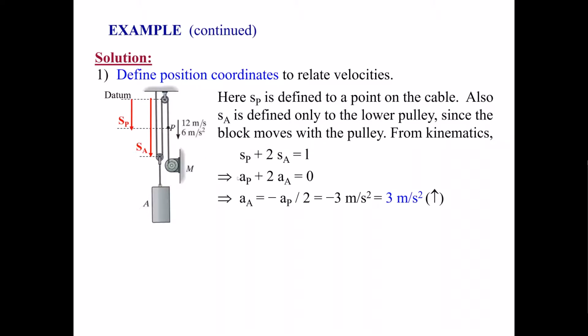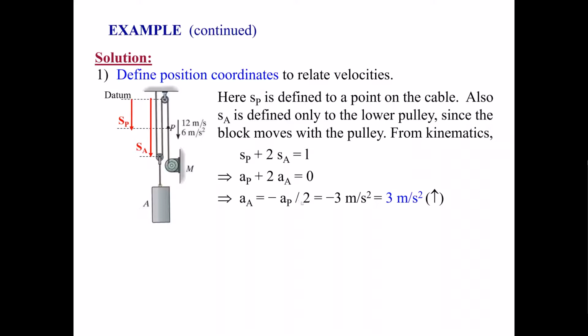Okay, so we have AP plus twice the acceleration of point A equals zero. Since they're going in opposite directions, this is the equation you can come up with, and if you just move this over to the other side, the relationship is that the acceleration of A is equal to minus half of that of P, right? Which should make sense, since what it's essentially saying is that A moves half the distance of what point P does, for any point in time.